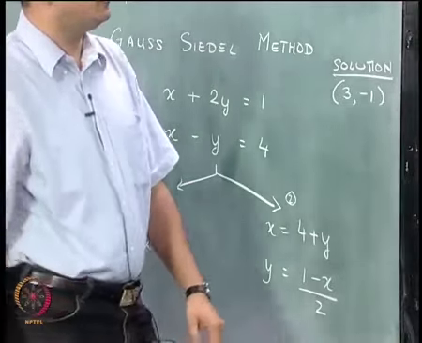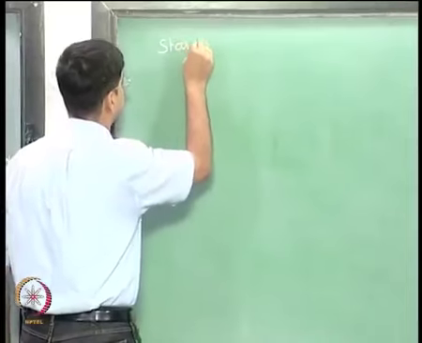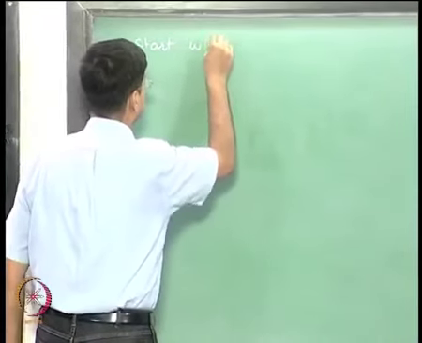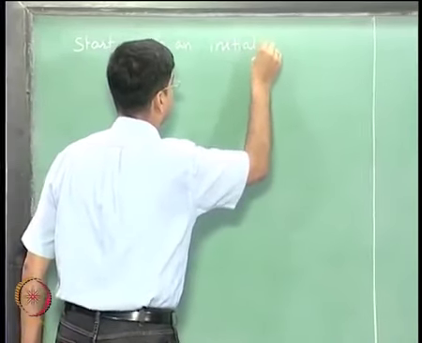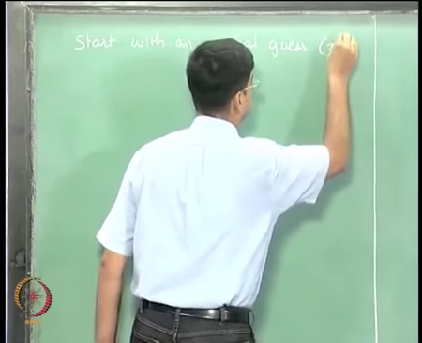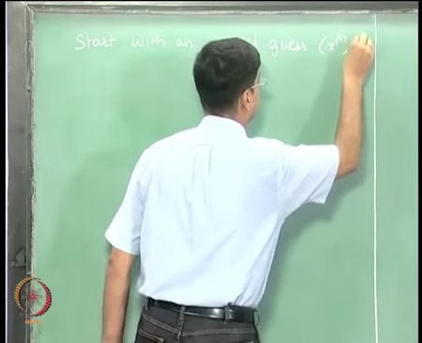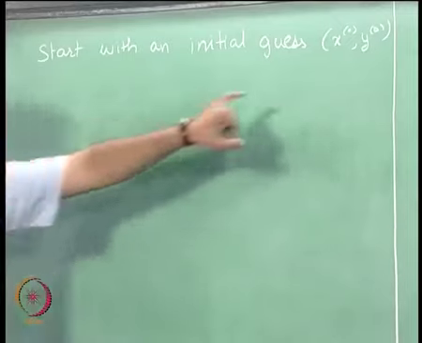Now it is an iterative procedure, so we will start with an initial guess, x superscript 0, y superscript 0.